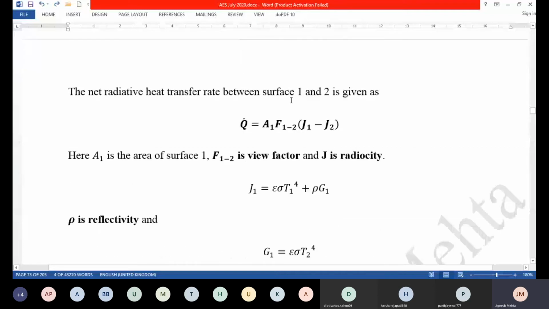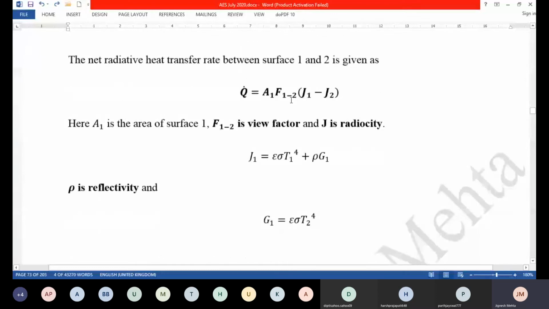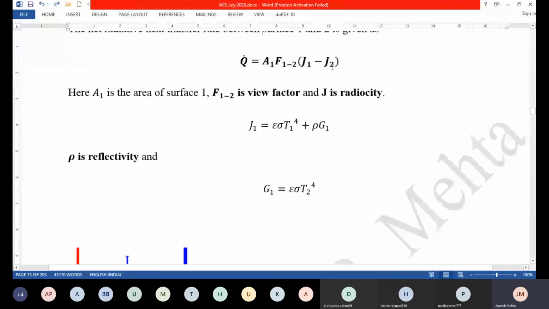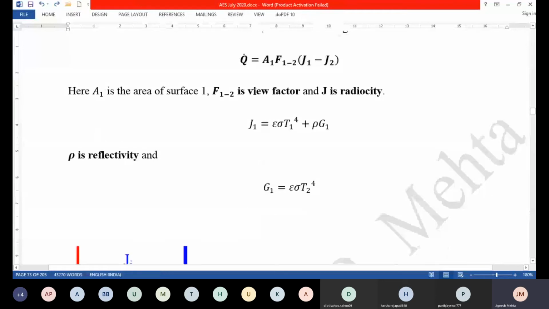And the net radiative heat transfer between these two surfaces, or any two surfaces, is given by this general equation: Q dot is equal to area into the shape factor, which is also going to play a role, and J1 minus J2, which is radiosity. This is the heat transfer rate between surface 1 and surface 2. F12 is the view factor, and J is radiosity.